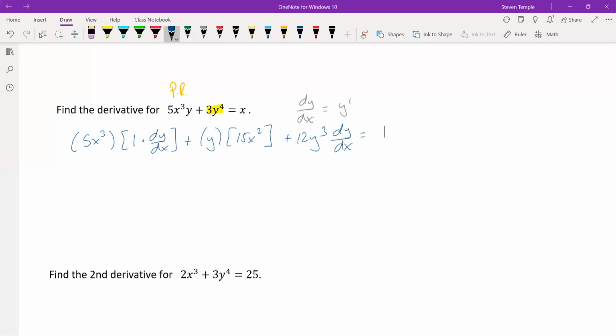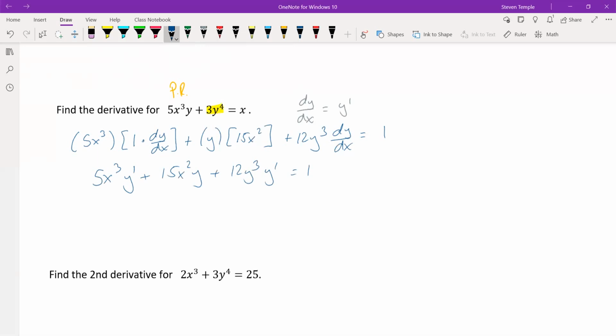I'm going to clean this up, and I'm going to rewrite my dy/dx as y prime. So I'm going to have 5x cubed y prime plus 15x squared y plus 12y cubed y prime equal to 1. You could keep them dy/dx's if you want. I just changed them to y prime. That is step one.